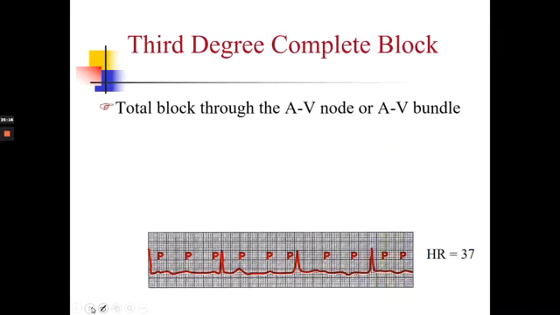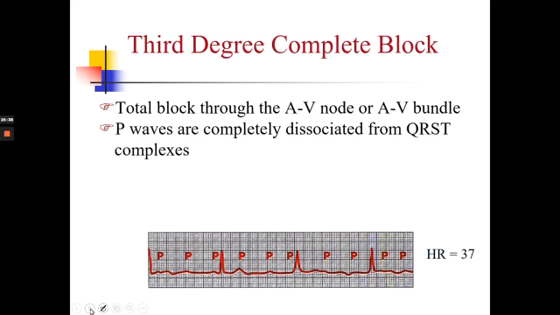Third degree. In third degree, also the PR interval is more than 0.2, but there is no association between P's and QRS. There is no association. P's and QRS are completely dissociated. There is complete total block of the AV node.